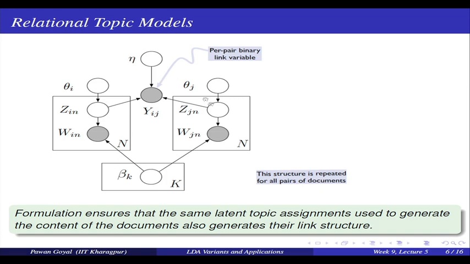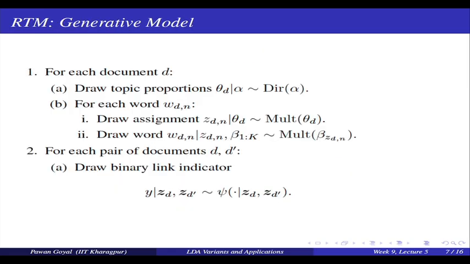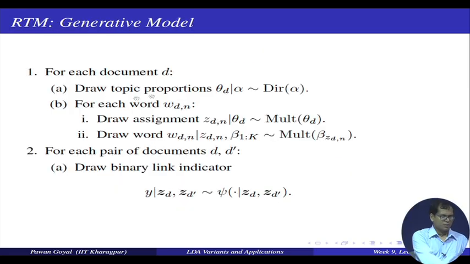So, that is interesting in this RTM model. So, from the Z in and Z jn, you are trying to predict what will be your Y ij. Okay. Now, here is one problem. So, this is your simple model. This is what your LDA model is. Draw your topic proportions, then for each word draw the topic assignment and draw the word.